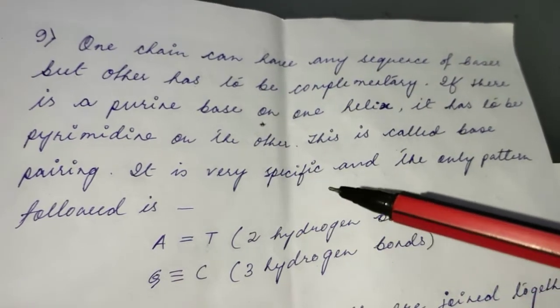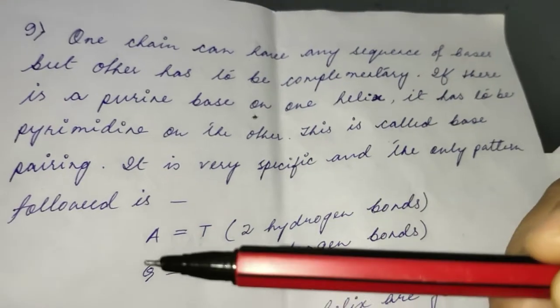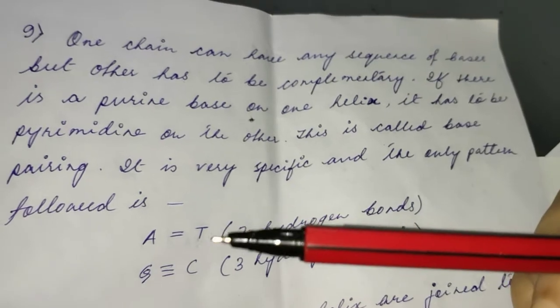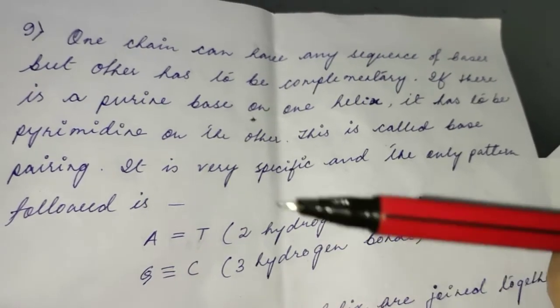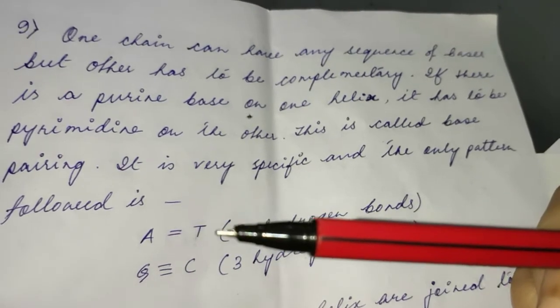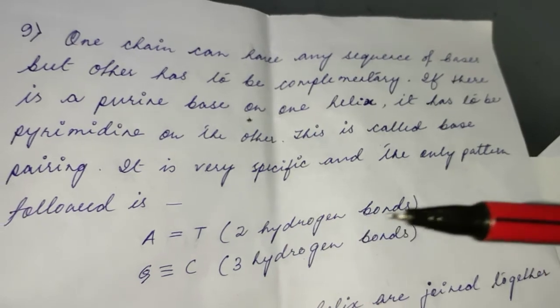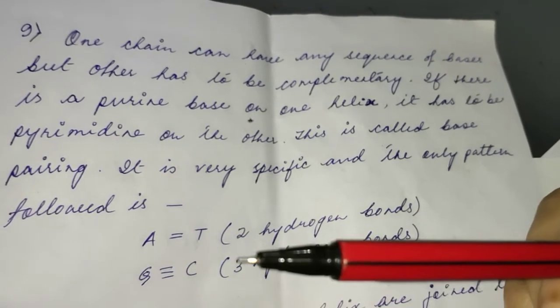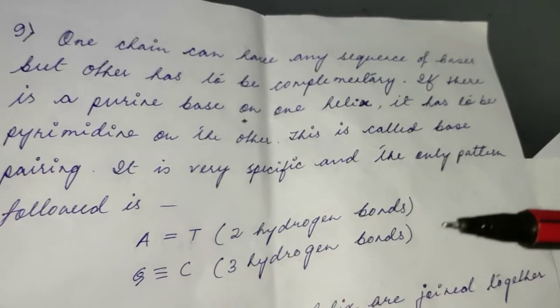It is very specific, and the only pattern followed is adenine and thymine, guanine and cytosine in case of DNA. So adenine and thymine are linked with 2 hydrogen bonds, and guanine and cytosine are linked with 3 hydrogen bonds. So base pairing is very important.